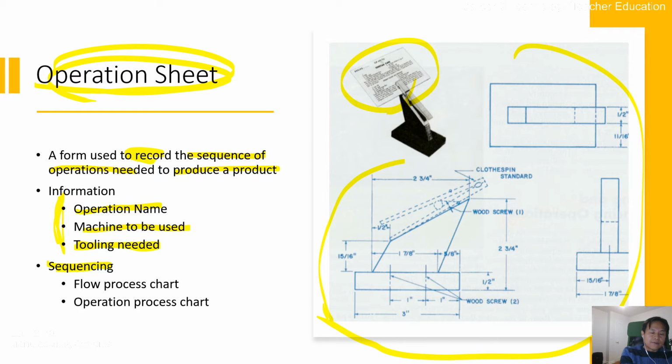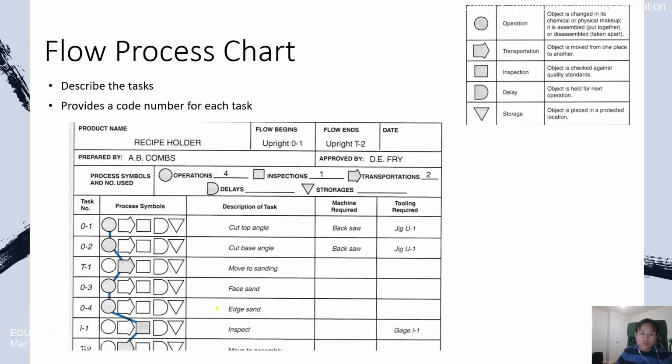But for sequencing, we use two different charts, the flow process chart and the operation process chart. I'm going to introduce both. First one is the flow process chart. In the flow process chart, we use these symbols that are defined by the American Manufacturing Engineering Association.